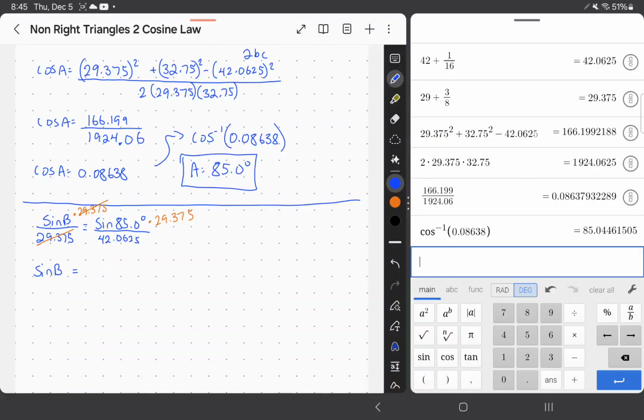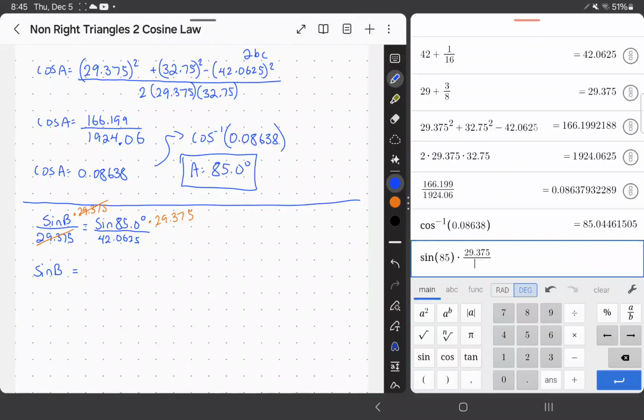So I'm going to put that into the calculator on the side here. So sine of 85, I'm just going to have my brackets there. So then times 29.375, then divide by 42.0625. Now, the way this is showing up in Desmos, where it's sine 85 times the fraction, sine 85 would times into the numerator of the fraction. So even though it looks a little bit different, this is the same calculation, in case you thought I was doing something a little different.